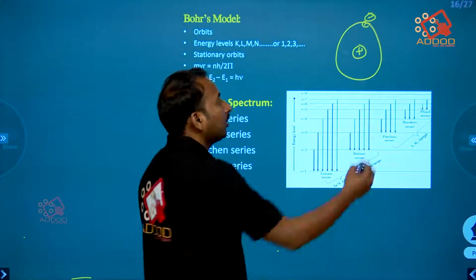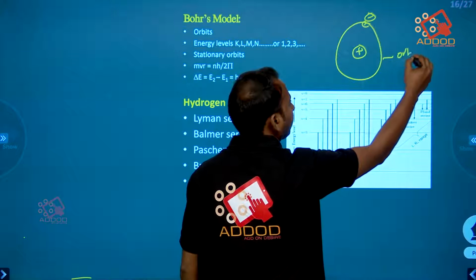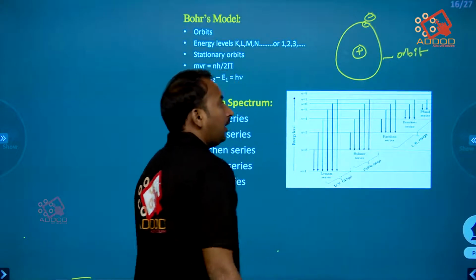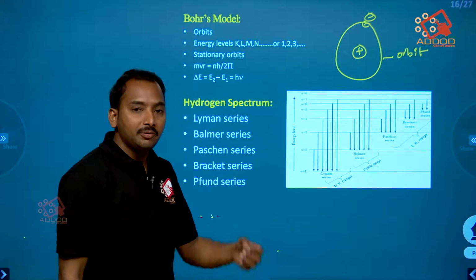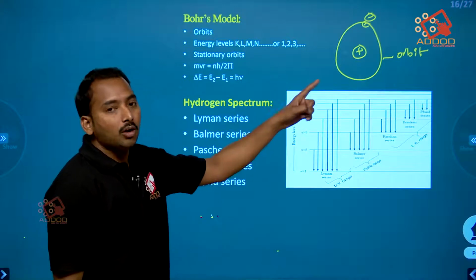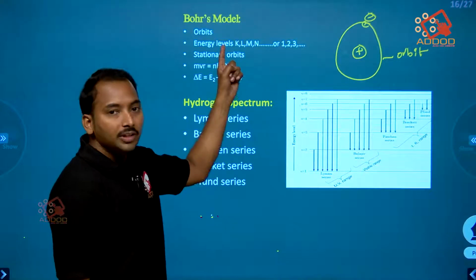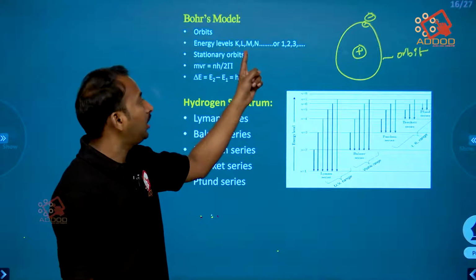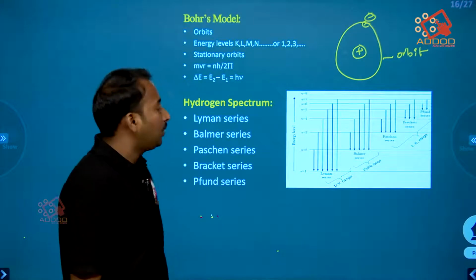These circular paths are called orbits, and each orbit has a definite energy. So these orbits are called energy levels, designated by K, L, M, N or 1, 2, 3, 4, and so on.